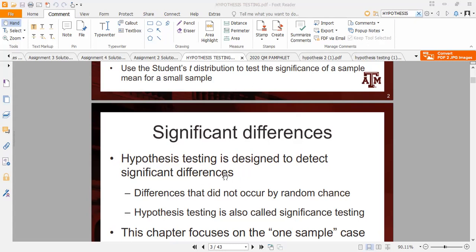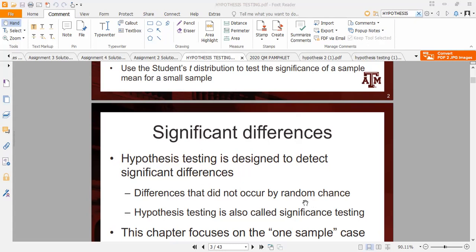The differences, are they significant enough for us to say these are stealing from people and these are not stealing from people? So hypothesis testing in that regard is also called significance testing.